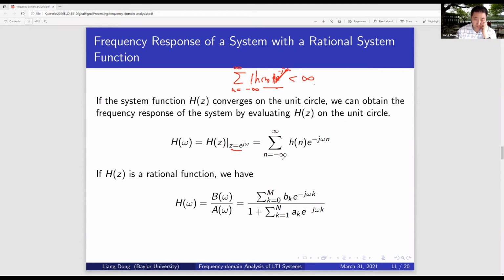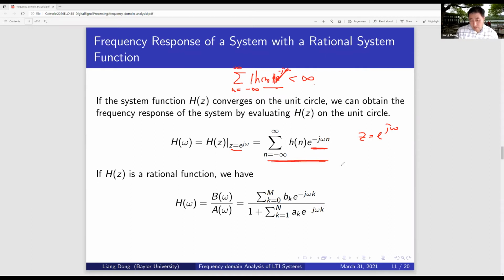So we have here is equal to that, and again, that's on the unit circle. Therefore, z equals e to the j omega. So it's putting right here. This is how we bridge the Z transform with the Fourier transform. No wonder this also gives us the Fourier transform format.